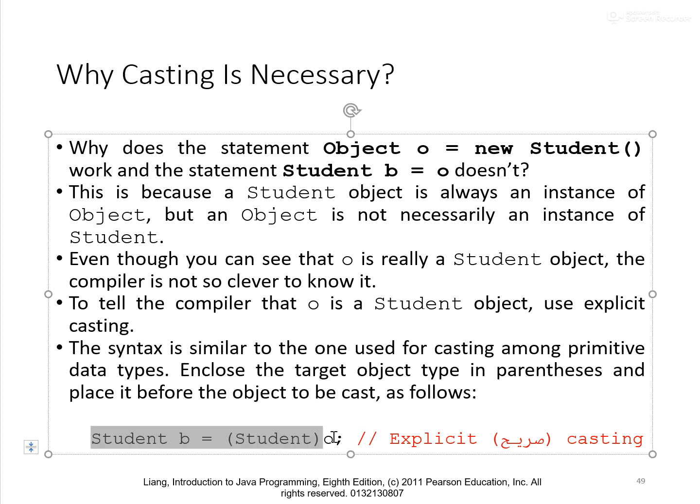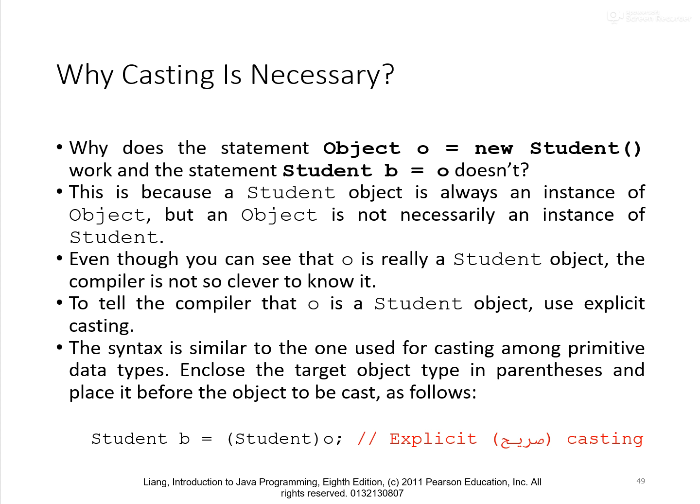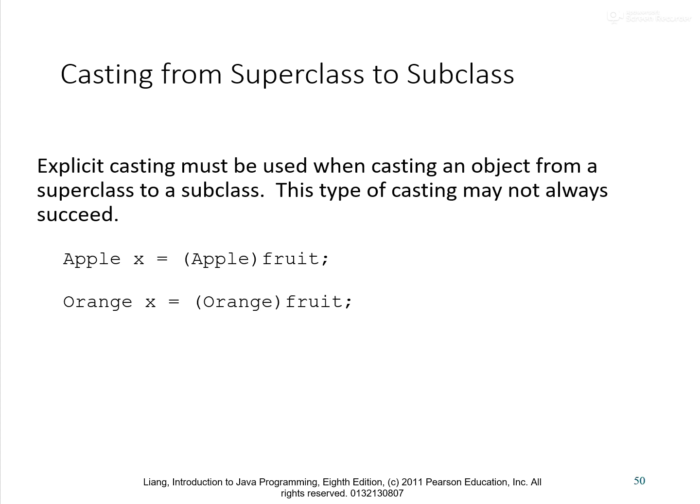You can specify that o is actually of type Student, and then you can declare another reference of type Student and copy the reference of o to Student b, like this. Try it out.